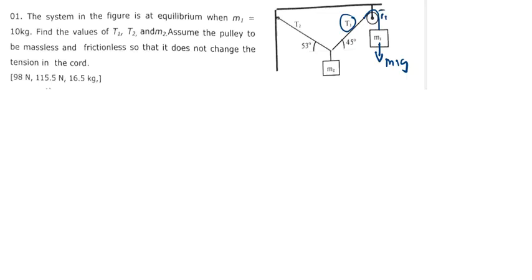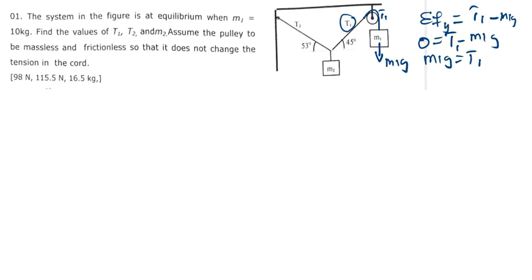So I can say that the summation of forces in the y direction just for M1 only is going to be equal to T1 pointing upward minus M1G pointing downward. This is going to be zero because we're talking about static equilibrium. So this is T1 minus M1G. If I shift M1G to the other side, it will be M1G being equal to T1.